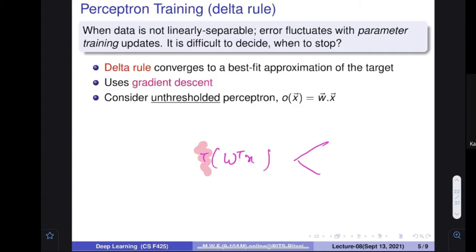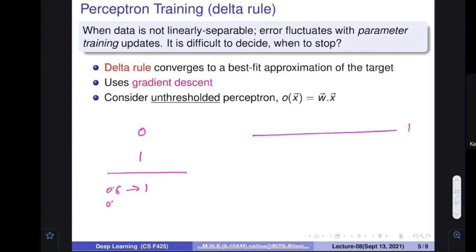Okay, so let me tell you. You know that the effect of thresholding is this: let's assume that the values are 0 and 1, and if you have 0.6, 0.6 becomes 1. Let me draw the line like this. This is the 1, this is the 0.